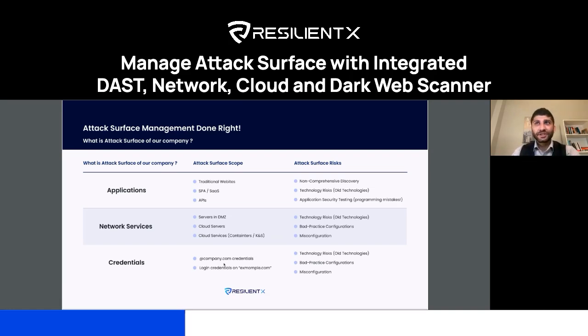Of course, these login credentials might not even be related to your company. It might not have something like @mycompany.com. Those login credentials are also part of your extended attack surface.